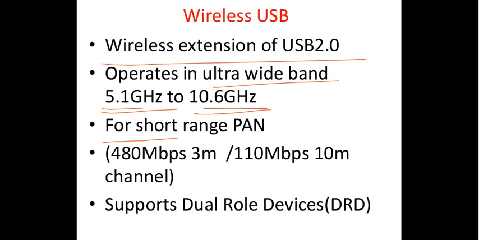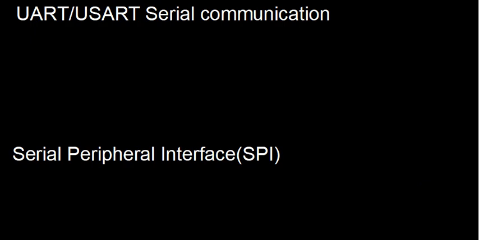Then for short range personal area network, 480 Mbps at 3-meter distance, 110 Mbps at 10-meter channel, and it also supports DRD. This is the summary of whatever I have just spoken before this. So that is about your wireless USB.